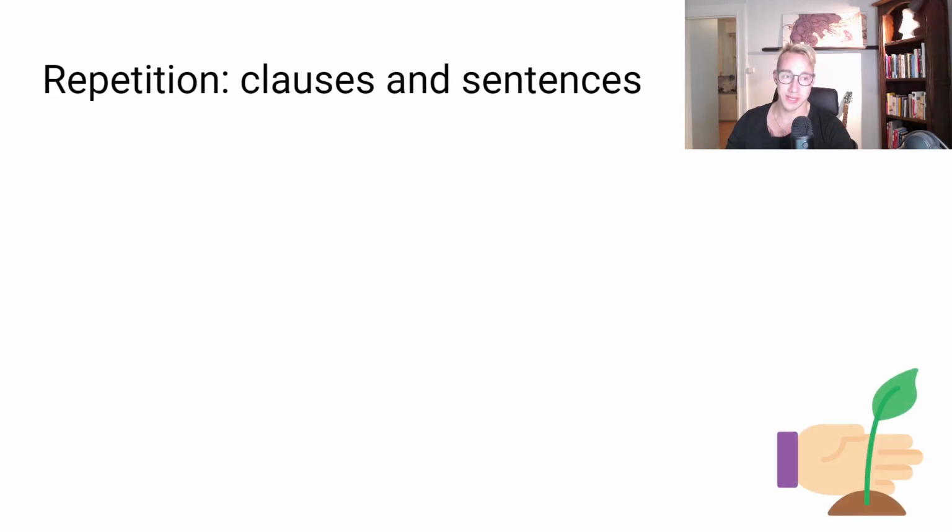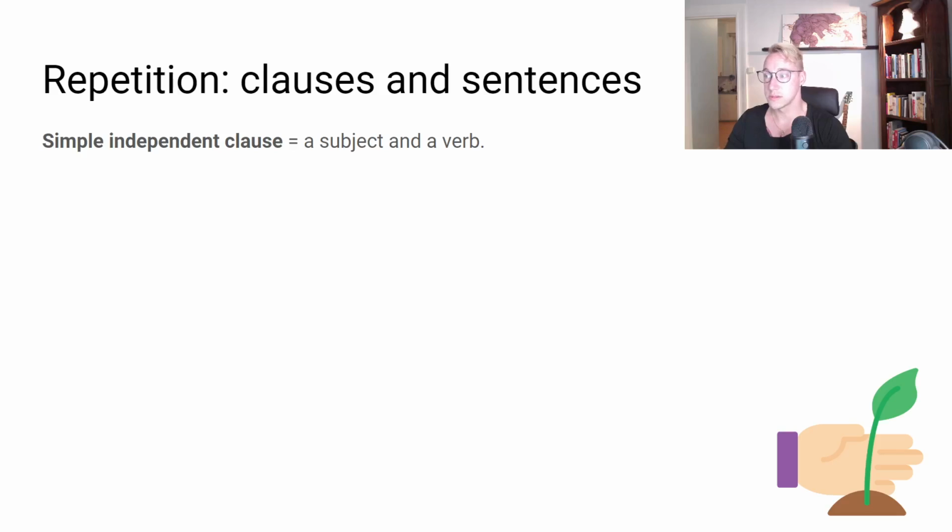So let's repeat what we covered last time. In the very most basic sense, a part of a sentence and the way we look at languages is known as a clause. In Swedish, that's called sats, and there are several kinds of clauses. And the very most simple clause that you could create is made with a subject and a verb. For example, like I ate.